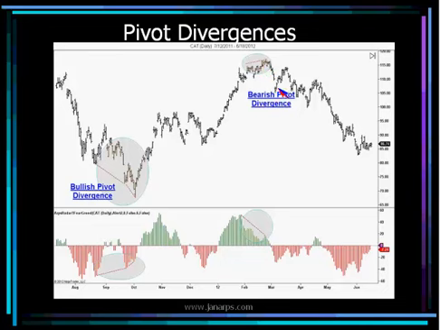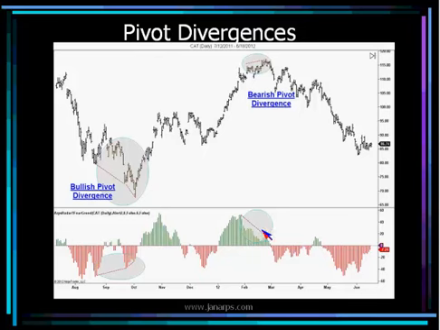The same goes true with the bearish pivot divergence. You can see we're making higher highs in the price here, lower highs in the Fear Greed indicator. What we're seeing here, as I said, the Fear Greed indicator is identifying who's stronger in the tug of war between the bears and the bulls, and it's really showing where that center line of that bear-bull tug of war rope is.